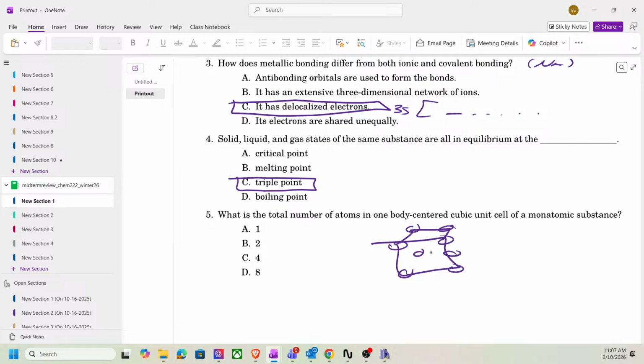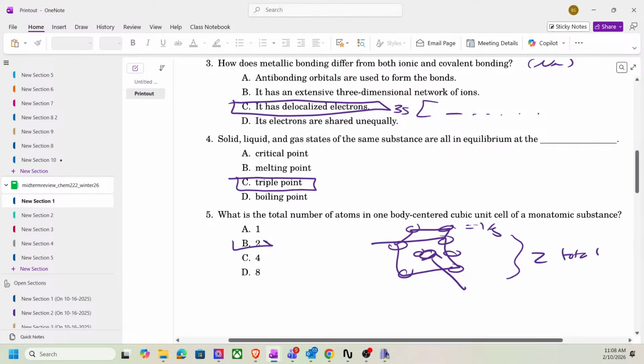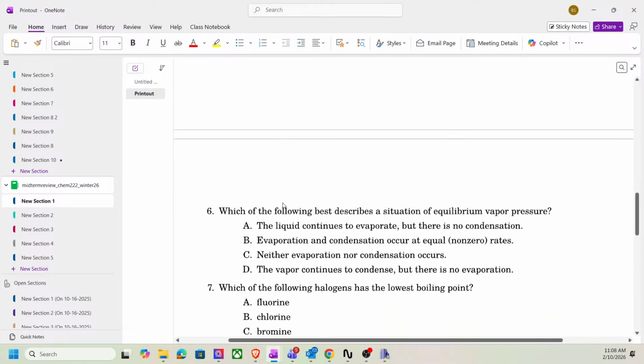It has corners, 1, 2, 3, 4, 5, 6, 7, 8, so that's 1/8 each. And then you have one centered in the center. So that should give you 2 total. So kind of tricky. Questions on that one? Just have your notes ready.